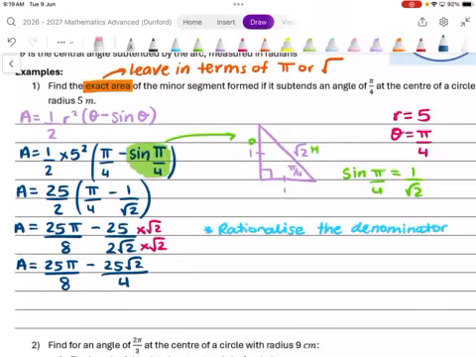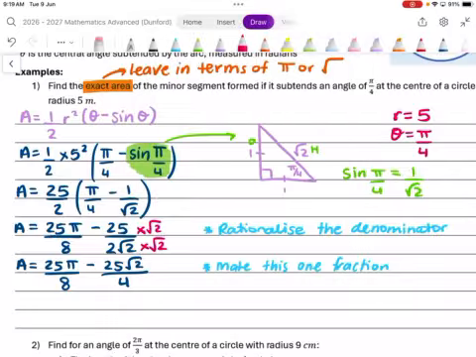Now, we want to make the denominator of the fraction the same, so we want to make this one fraction. What do I need to have the same to make this one fraction? Yeah, the same denominator.